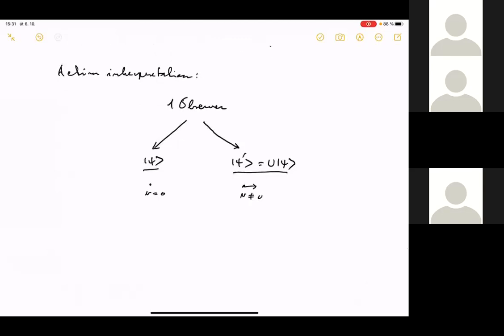Another possible example of such an active interpretation is, for instance, taking a particle with spin oriented in some direction, say in the direction of the third axis, and we make a rotation, and the new state of the system will be the orientation of the spin in some general direction.